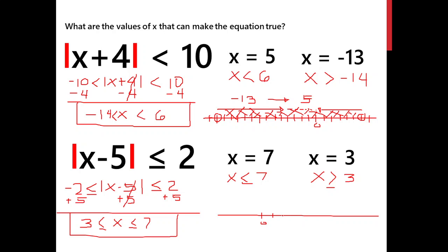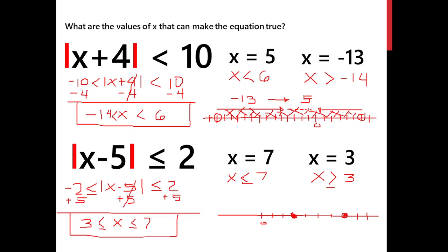So that's 1, 2, 3, 4, 5, 6, 7, 8, 9. Now let's try to locate 7 first. Since the symbol being used is less than or equal to, then I'll use a closed circle. 1, 2, 3, 4, 5, 6, 7. So it's here. And then let's try to locate 3. 1, 2, 3. It's here.